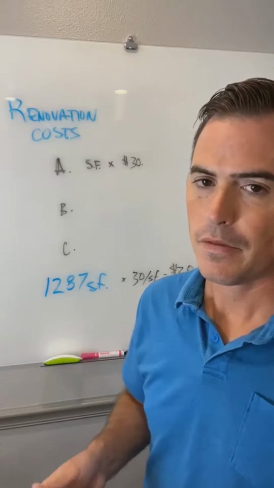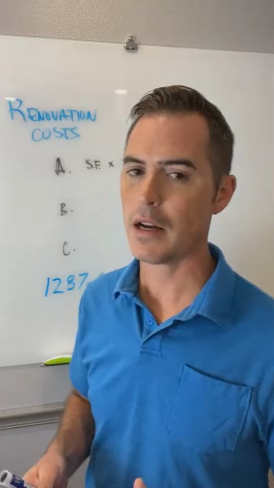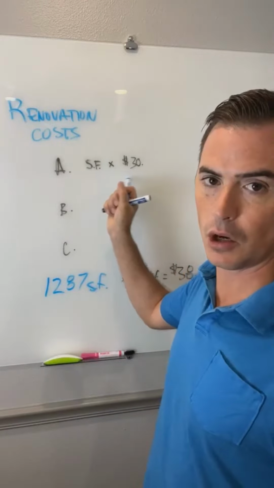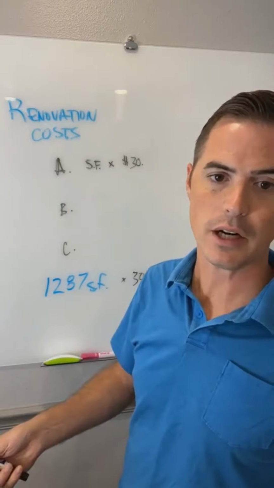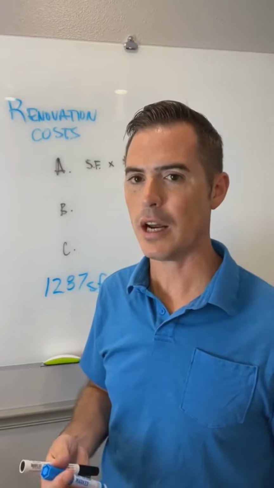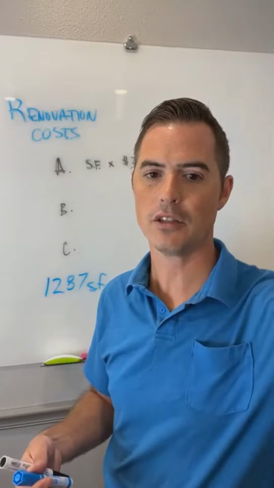Now, obviously some properties are not going to need that much, but I figure if I use this as my basis on the low end, if it costs less than this, then I just made more money, right? But if I figure it's a pretty good house, but it definitely needs some stuff. Thanks, Kyler.